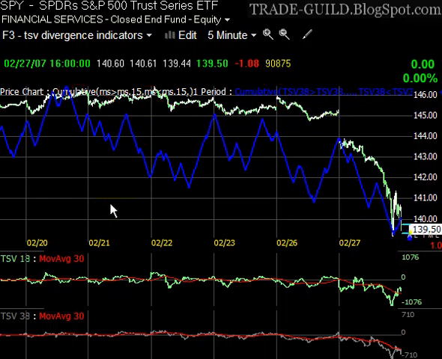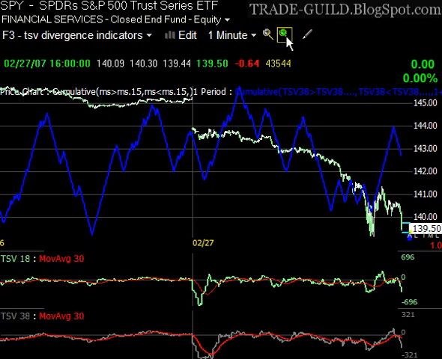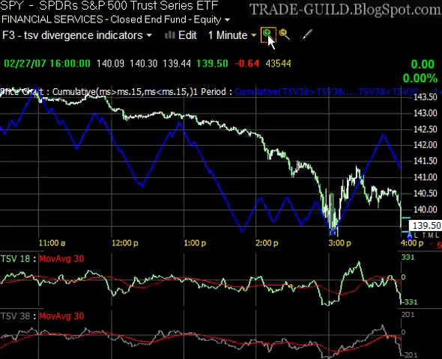I also look at a 1-minute time frame typically, and sometimes a tick. So here's the 1 minute, and what we're basically looking at with this 1 minute is pretty much just today over here. So you can see the indicator is moving down over here, kind of with price there. And if I zoom in a little bit, we'll take a little closer look here.